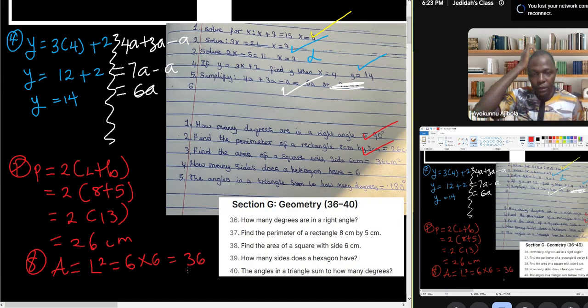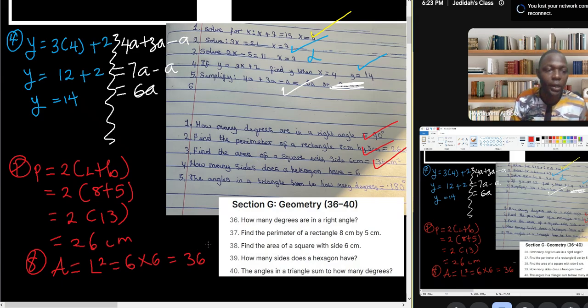Length times length for a square. For a square, length times length, not length times width. There's no width. It just has all the same lengths.